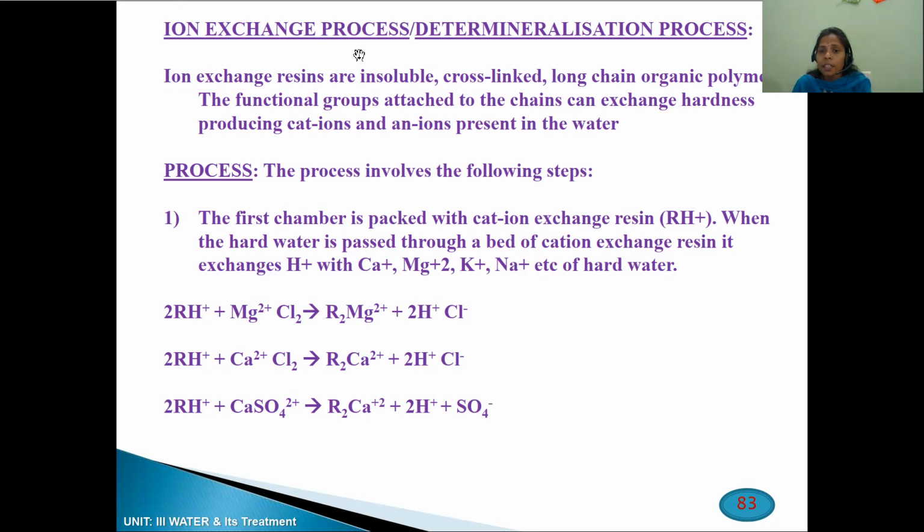Here the resin is nothing but a polymer, a rubber-like polymer, which is called the resin. And what is the role of the resin here? The resin exchanges the cations and the anions in the water sample. It removes all the cations and the anions in the water sample.